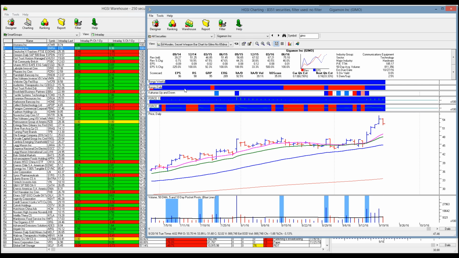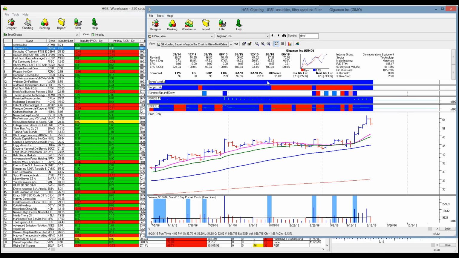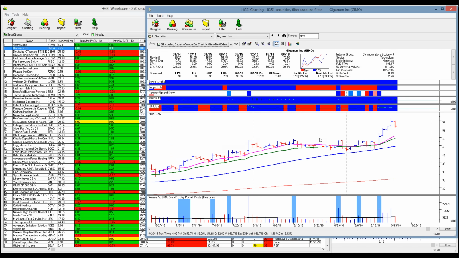They're useful to look at in terms of setting up, because you'll notice here you see some red Kahunas, but some blue ones, but mostly blue in here. And one of the things about, say, Gigamon that's positive is that the Bongo Weekly has stayed blue the whole time. When you start seeing the Bongo Weekly turn red and something is getting extended, that can be a problem.